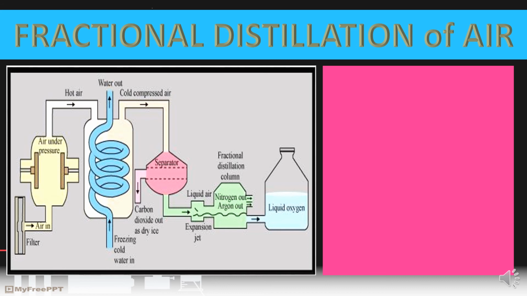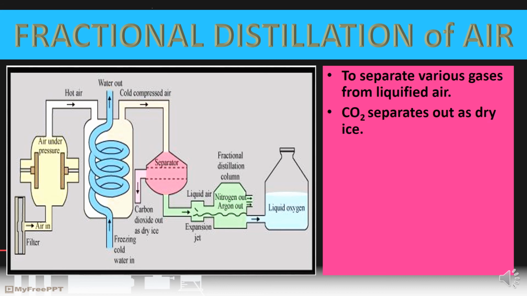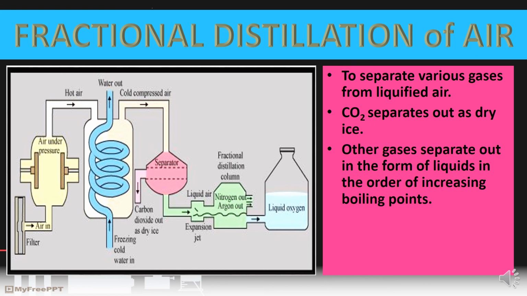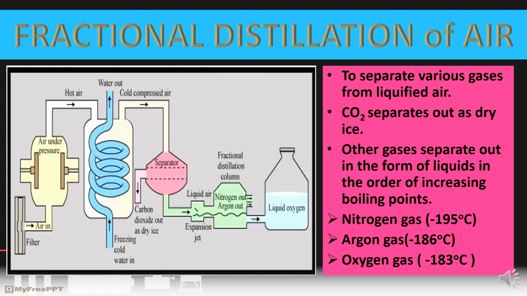After cooling this compressed air, carbon dioxide gets separated out in the form of dry ice, and then this cooled liquid air is subjected to a fractional distillation column, where nitrogen gas is separated out first, as it has the lowest boiling point, minus 195 degrees Celsius, followed by argon, and then at last liquid oxygen is obtained at minus 183 degrees Celsius.